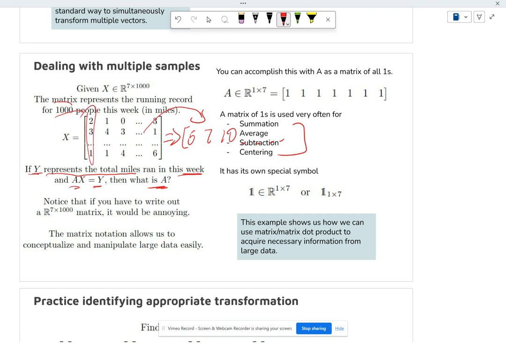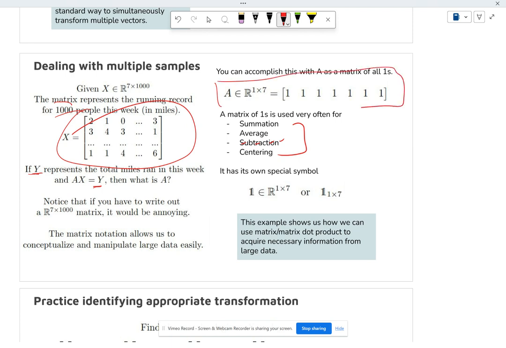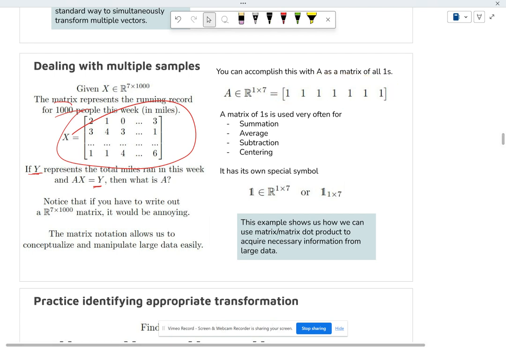The way you can do this is by multiplying x by a matrix that looks like this. So if you just put all ones, it's essentially summation. Let's say we have 1, 2, 3, 1, 0, 1.